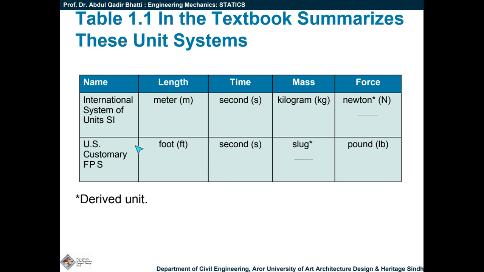In the international system, we measure length in meters. And for time, both have seconds, in the SI units and the FPS system. And the mass is measured in kilogram in SI units, and in FPS we use slug.